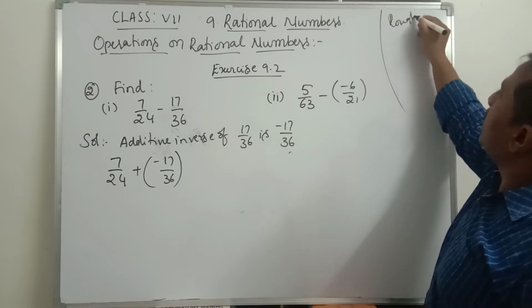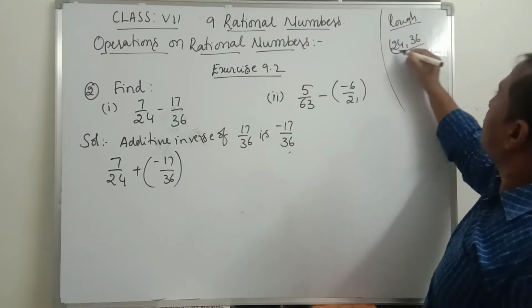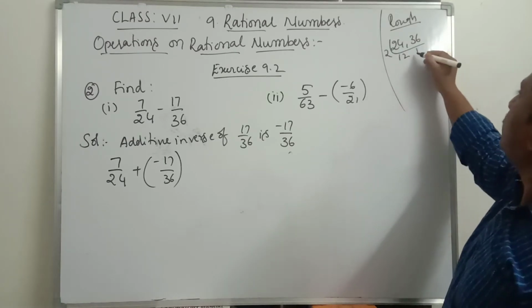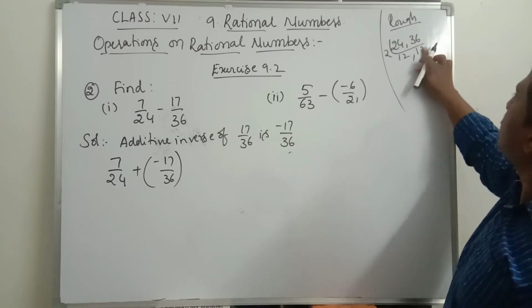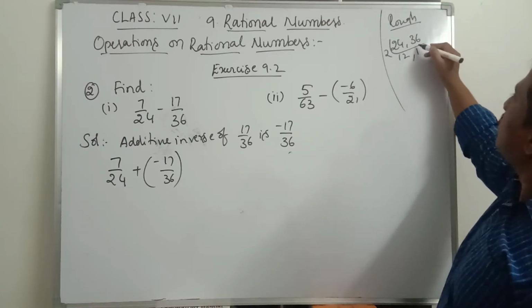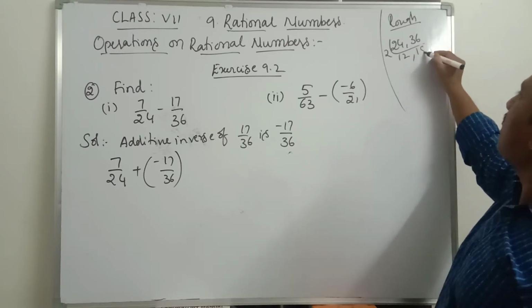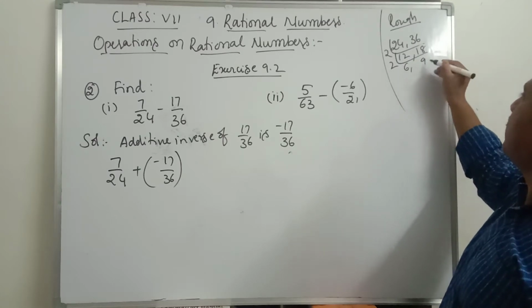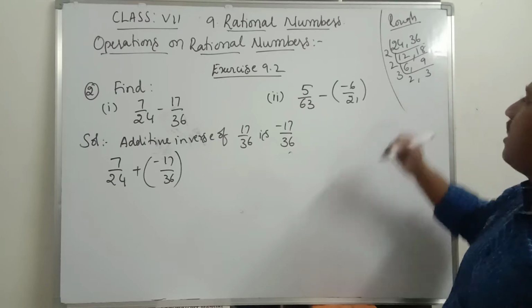LCM of 24 and 36: dividing by 2, we get 12 and 18; again by 2, 6 and 9; then by 3, 2 and 3.